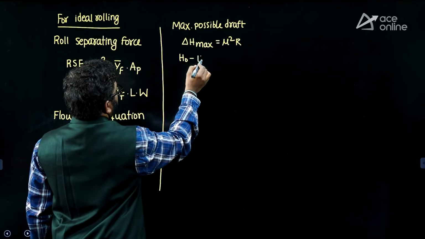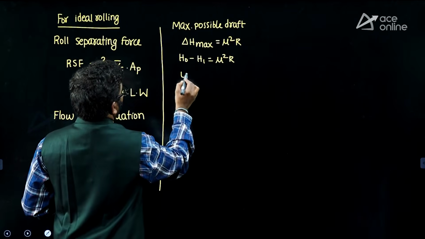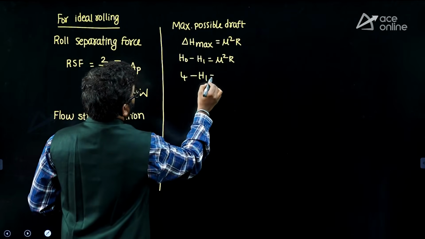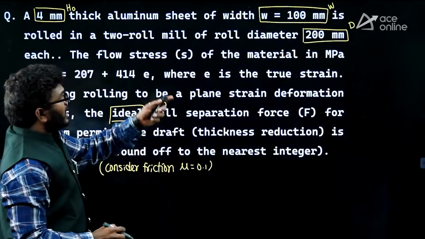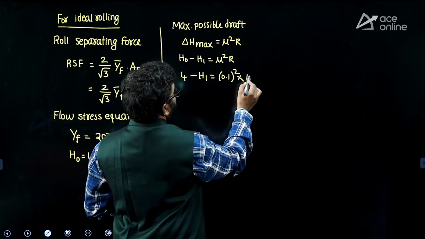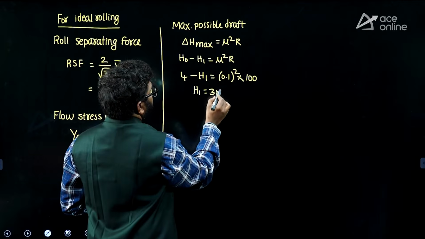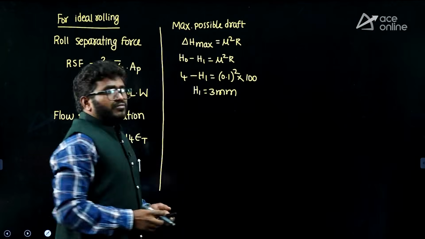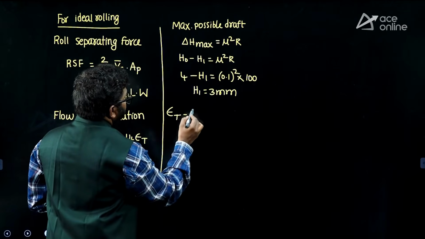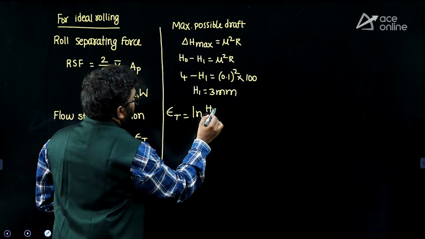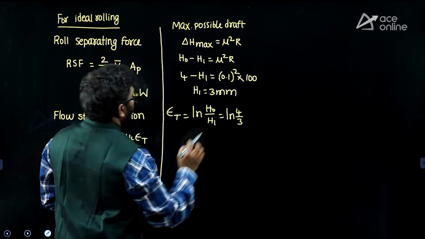H0 minus H1 is equal to mu square R, H0 equal to 4, H1 we don't know, mu is 0.1 whole square, radius of the roller, diameter is 200, radius is 100, right. Then from this you will get 3 mm. From this calculate epsilon t, that is ln H0 by H1, that is ln 4 by 3.